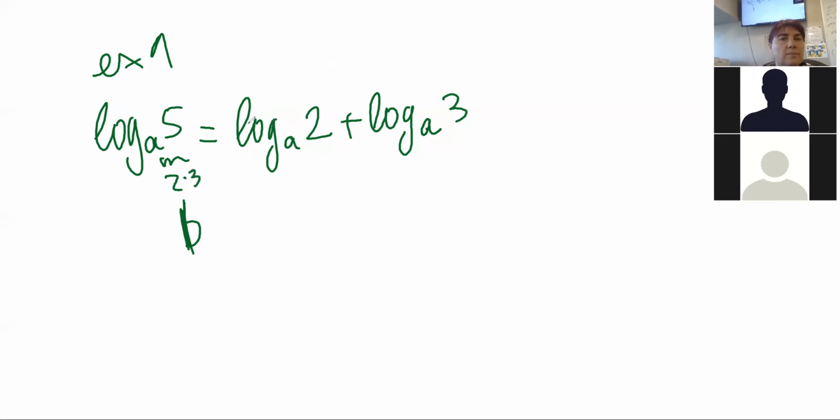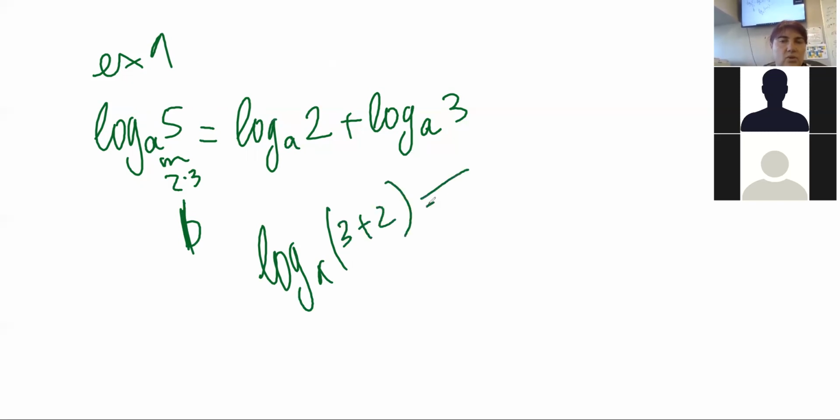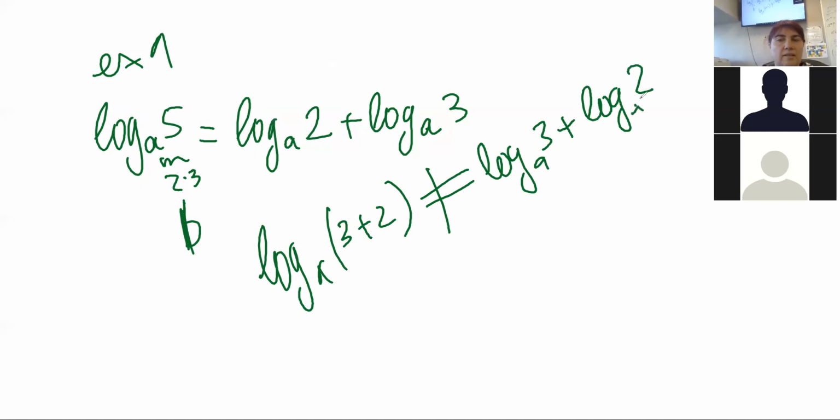If you have 3 plus 2, this does not equal logarithm 3 plus logarithm 2, right? If they are added, this is no. The rule was only for logarithm of 2 times 3.